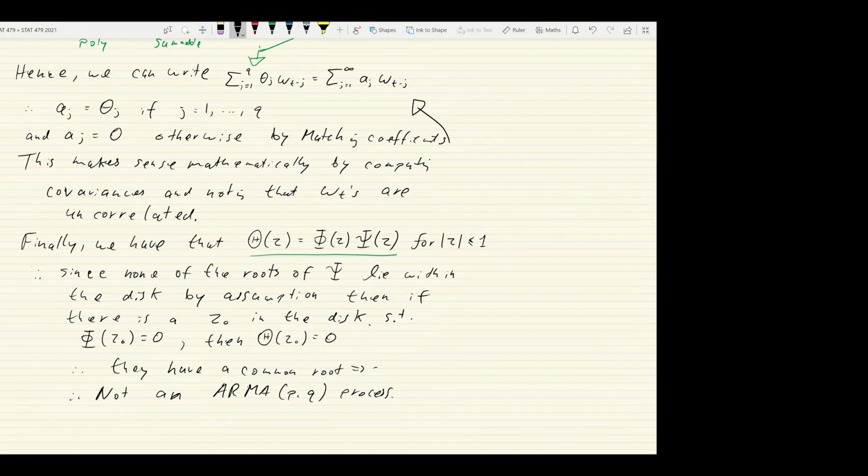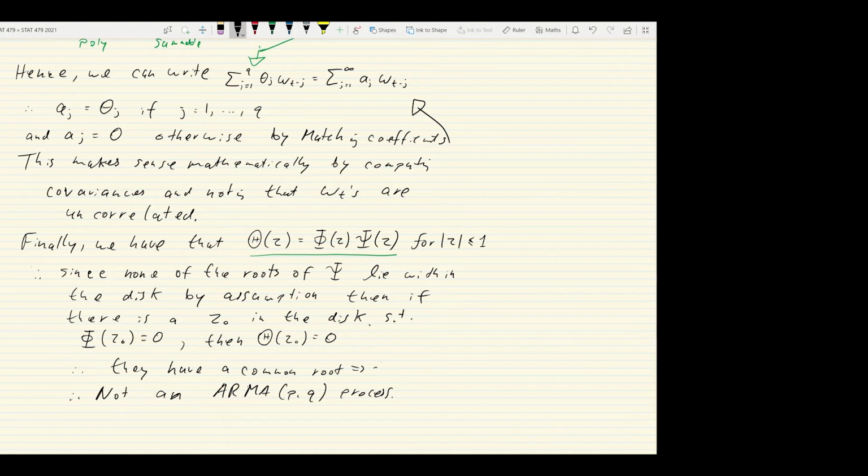Since we assumed initially that we had an ARMA PQ process, and oh yes, there goes the camera. Well, I'll just finish the thought process and then we'll reset for the last bit. What I was saying is that because we assumed that we had an ARMA PQ process, they shouldn't have a common root.